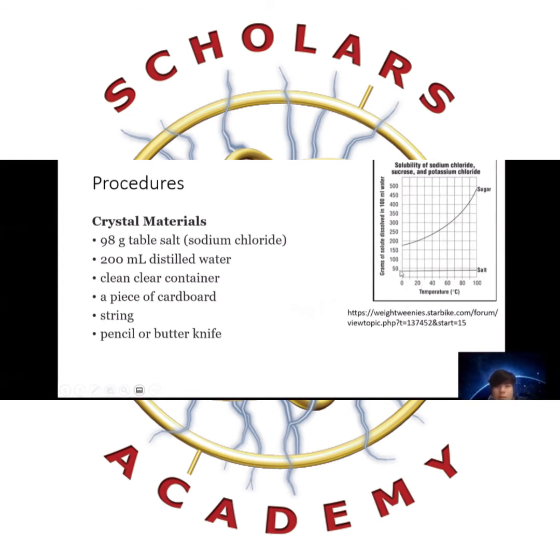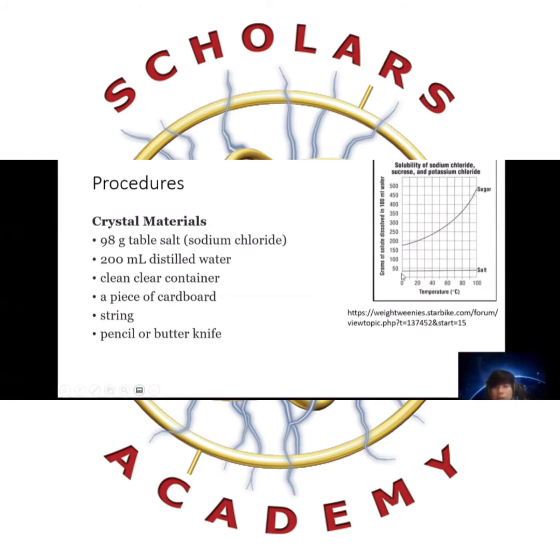In terms of salt, it almost looks like a straight line, but it actually isn't. And this is one of the downsides of using table salt, sodium chloride, as a crystal material, because it doesn't have very good solubility. Compared with salt, sugar has greater solubility properties.